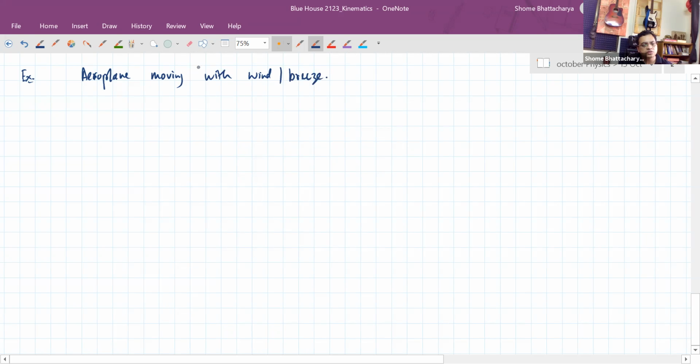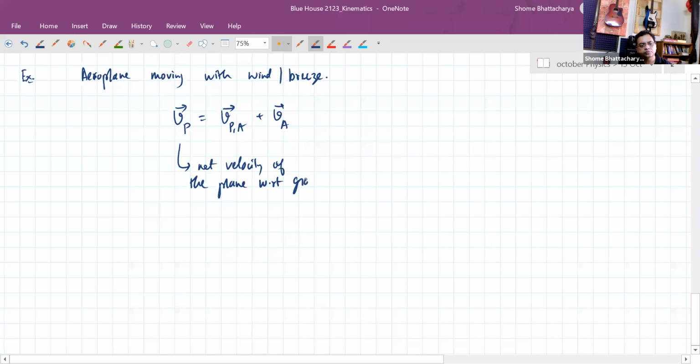So again, the concept will be like this: the velocity of the plane in the ground frame will be equal to the relative velocity of the plane with respect to air plus the velocity of the air. So this is the net velocity of the plane with respect to ground frame.